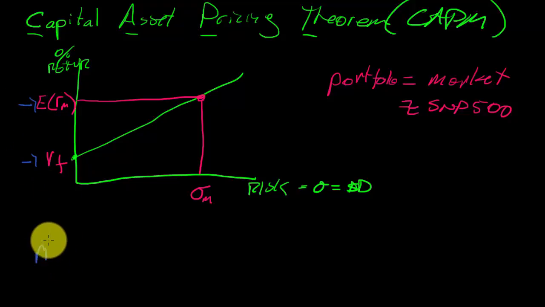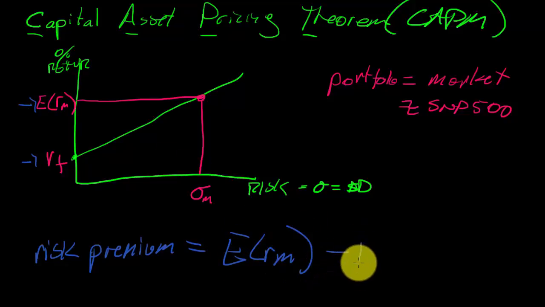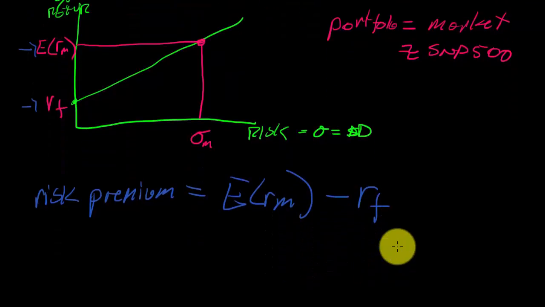And if I try to figure out what my risk premium is, it is nothing more than the expected return, in this case the expected return of the entire market, minus my risk-free rate. That's it.